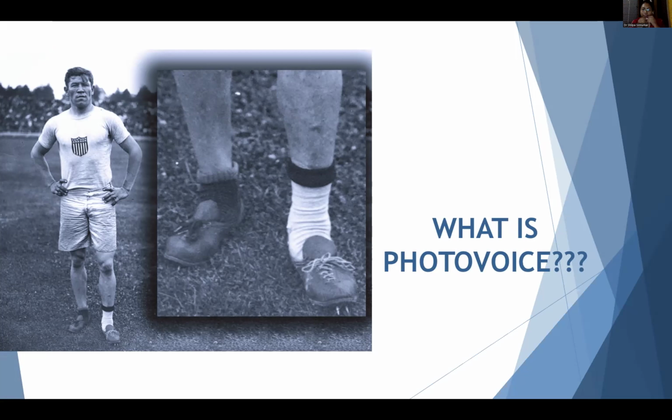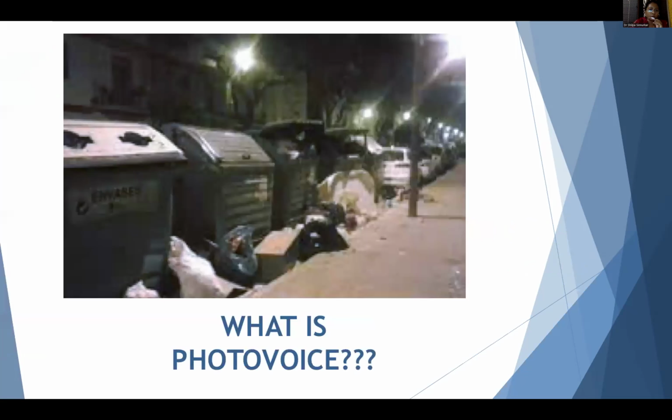So in this picture, what we see is a person wearing shoes of two different varieties. This person has won the Olympics. This picture explains the quality of the photo. The second picture shows a series of garbage thrown out of the trash can.